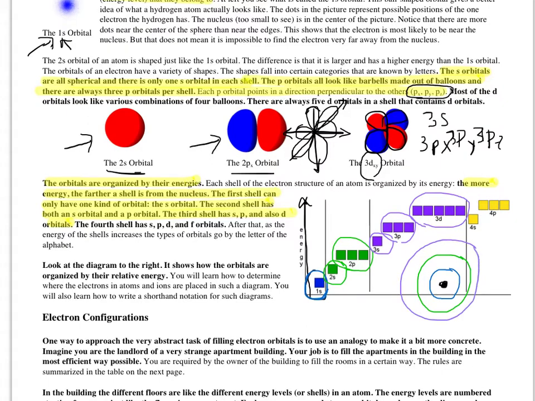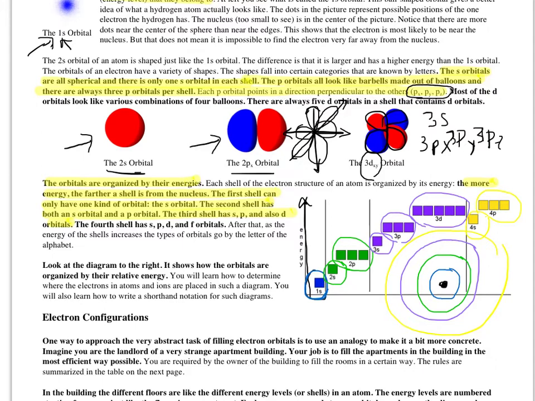Right, and then the fourth energy level, that's where things really get crazy, because not only is there a 4s and the 4p's, and of course the 4d's, but there's actually also the 4f's. Okay, and there's like a ton of those, so those would be here, right? So we can sort of organize or group these orbitals together based on the energy level that they're a part of, which really just represents how much energy they have, but how far they are from the nucleus too.